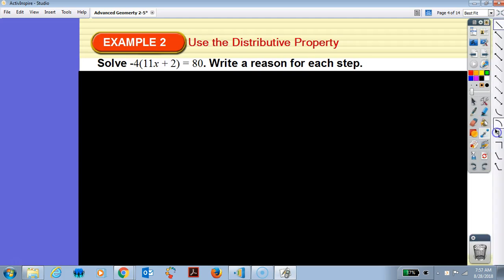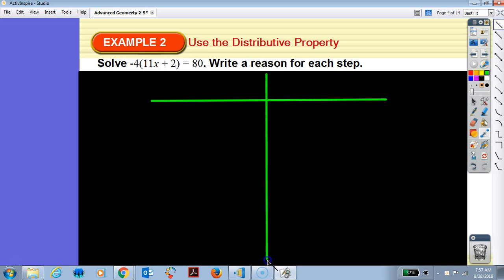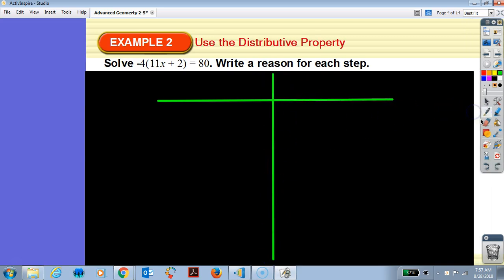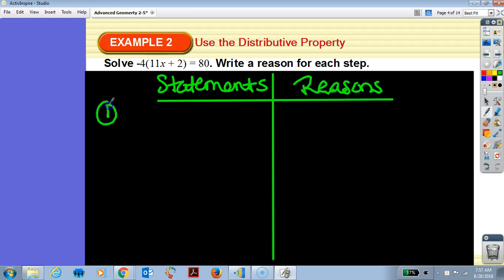All right, so we have our statements and our reasons. We're going to start with -4 times 11x plus 2 equals 80. What do I put for my reason? Given. We always start with given.